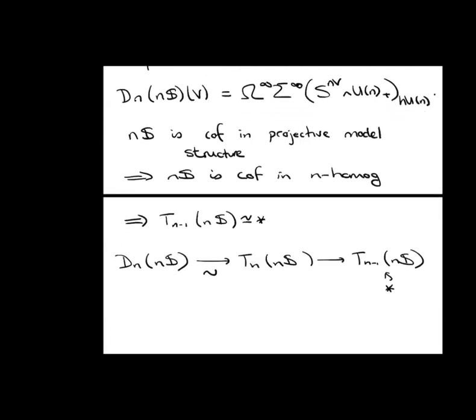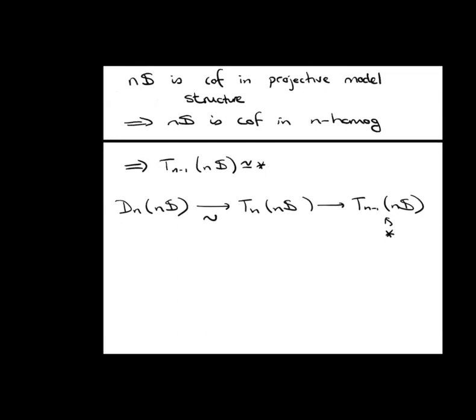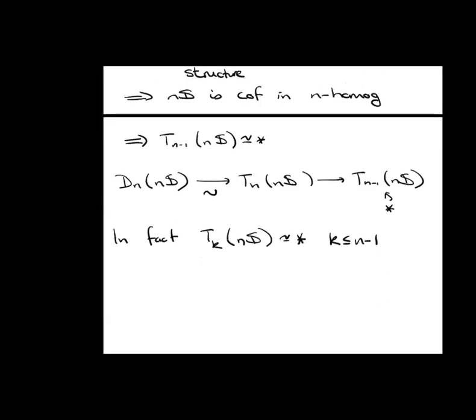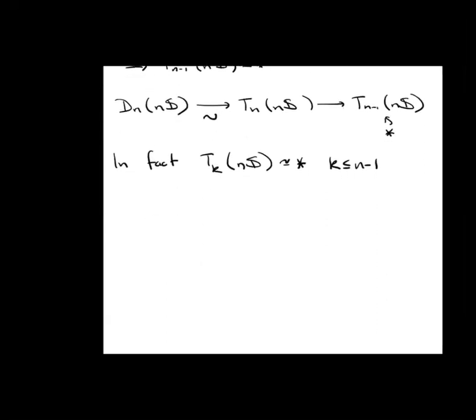But even better, you can take this idea and see that for quite a large k, depending on the size of n, this is trivial if k is smaller than n-1. So if you want to build the tower of this thing, if we were to draw the picture, you have the functor you care about.